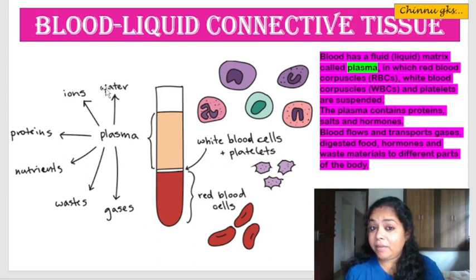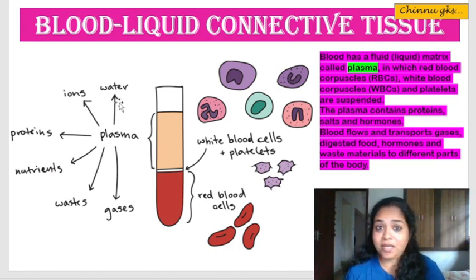I said carbon dioxide because remember, we have another component over here called the RBC, our red blood cells, that has hemoglobin, and hemoglobin has the ability to transport only the oxygen molecule. So oxygen is transported with the help of RBC, while carbon dioxide is transported with the help of plasma. Major difference.